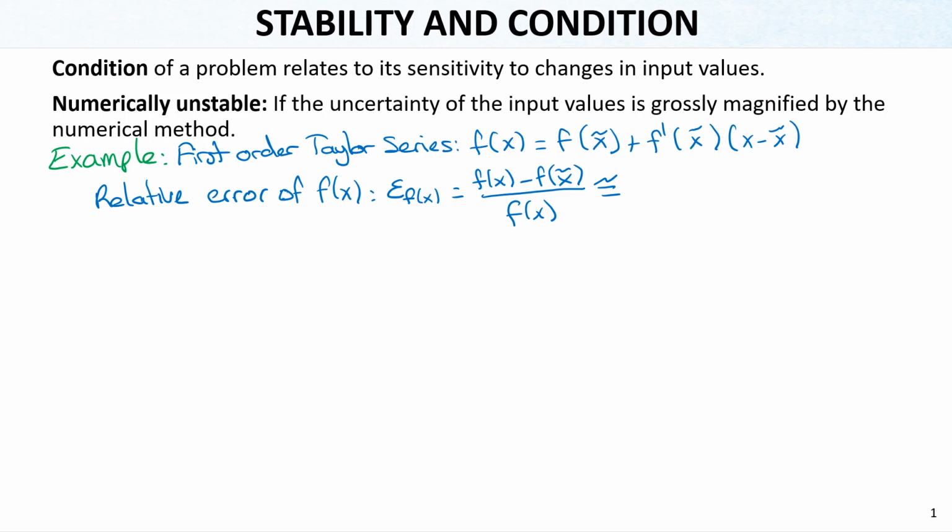So let's write it down. The first term, f(x), is the Taylor series at the top, f(x tilde) plus f derivative of x tilde times x minus x tilde, and the second term is just f(x tilde). So for this one, I wrote this here, and this is the same as this, and this is divided by, again, the f(x) value.